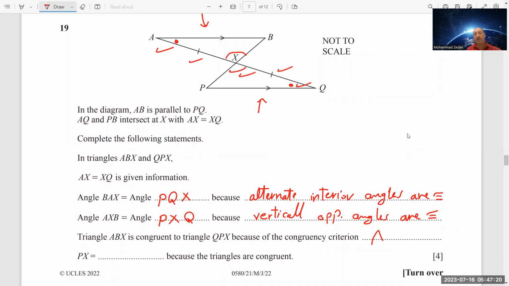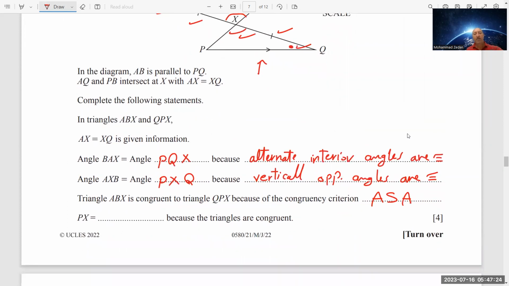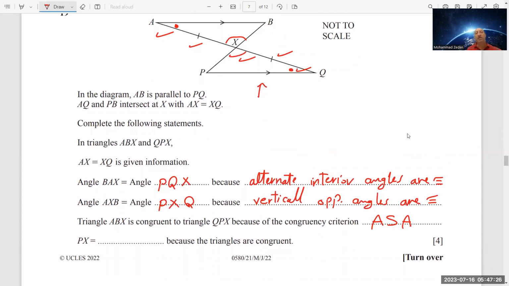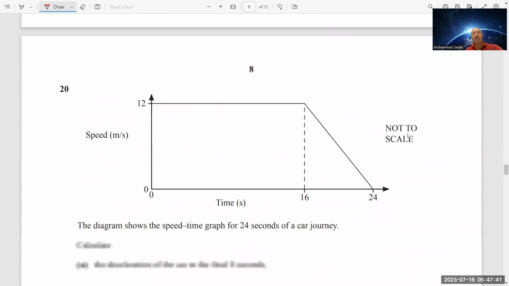So this case is angle, side, angle. As a result of congruency, the third side equals the third side, so PX is congruent to BX, because the triangles are congruent, one of the properties of congruent triangles.